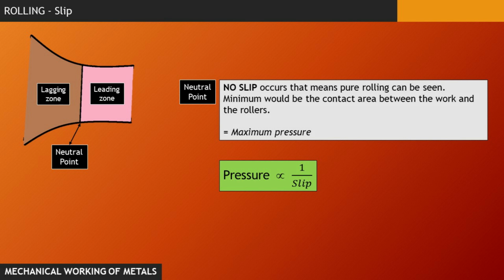That means pure rolling can be seen. Minimum would be the contact area between the work and the rollers, and hence there would be maximum pressure existing at the neutral point. And hence we can conclude this lecture with the concept that pressure is inversely proportional to slip.